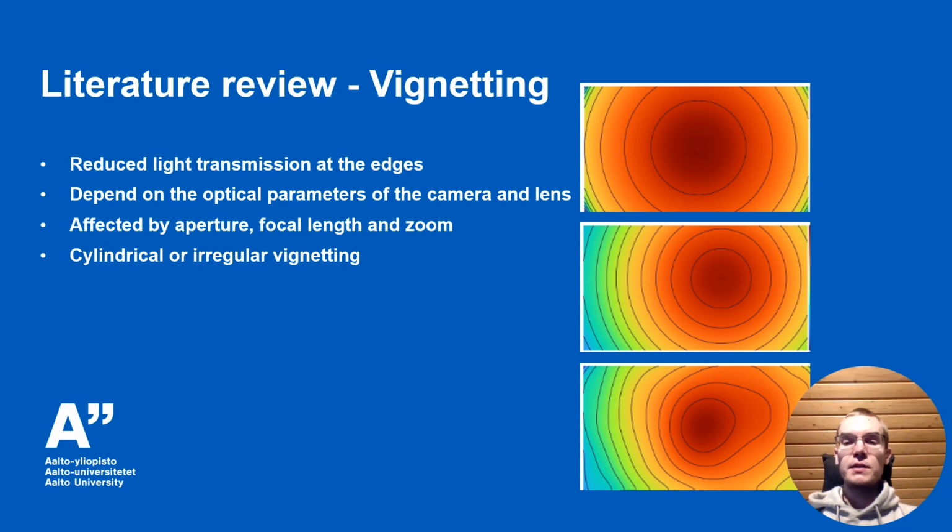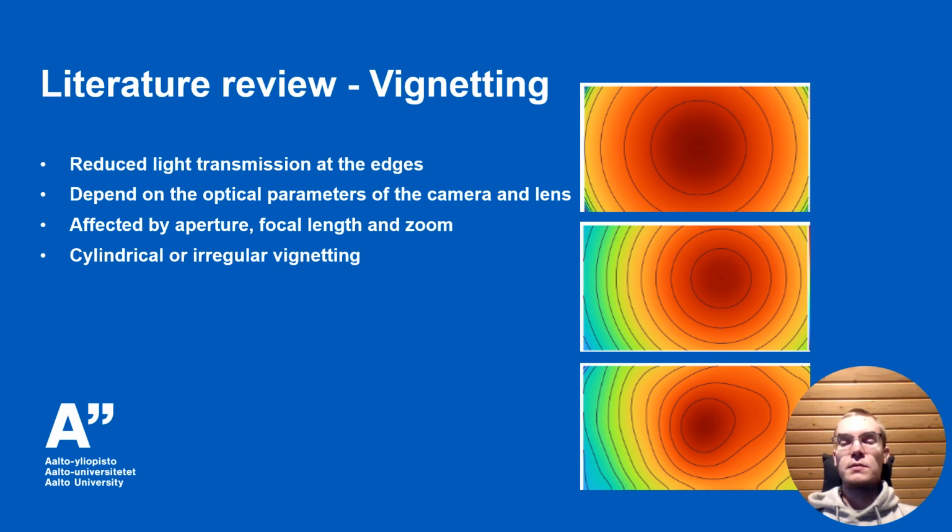The pictures on the right present some examples of a vignetting profile. They can be cylindrical, like the first one, where the reduced light transmission is only dependent on the distance to the center, regardless of direction.